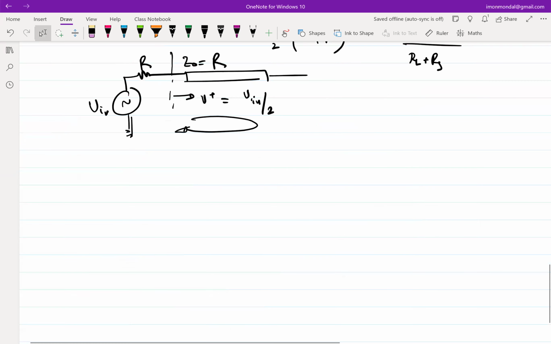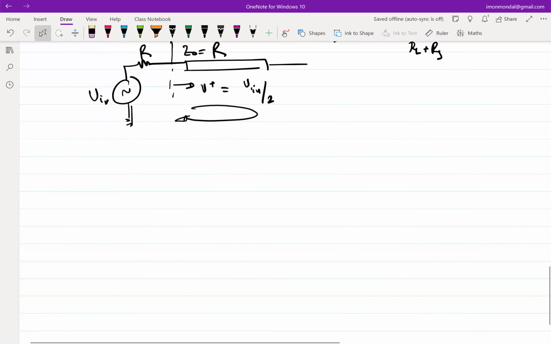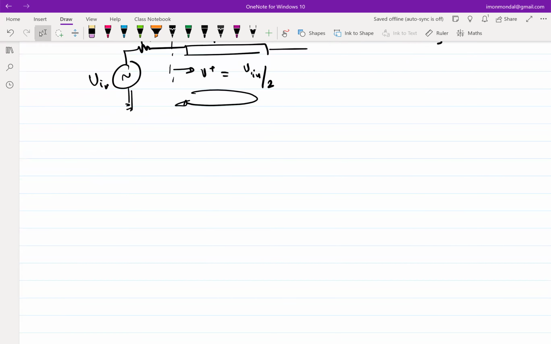So now that we understand the physical meaning of these reflection coefficients and power match and power reflection and so on, let's move on and formalize the S parameter definition. Okay. So what are we essentially saying?